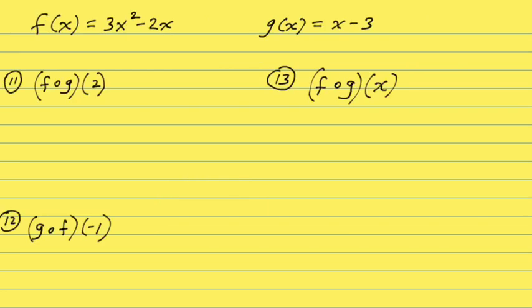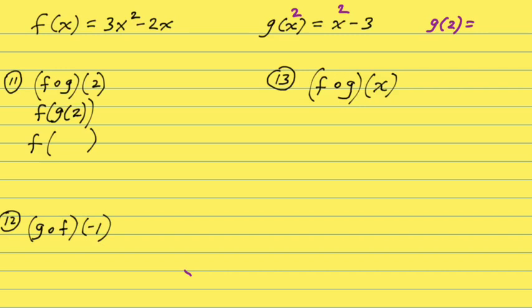Okay, the composite functions. I gave you f and I gave you g. This one right here means f of g of 2. It's just a different way of writing it. Can anybody put 2 into the g and tell me what I would get out? What is g of 2?